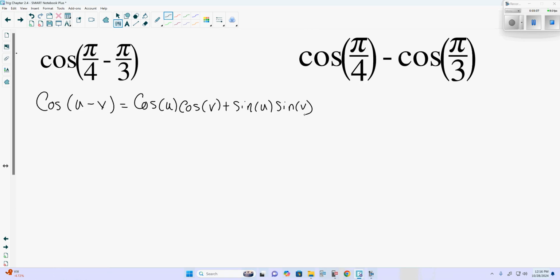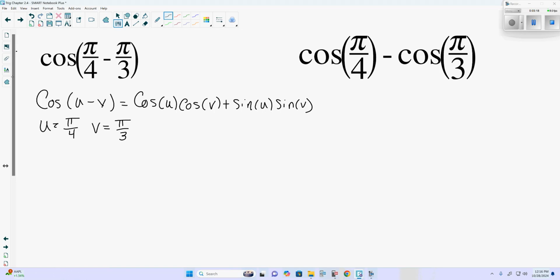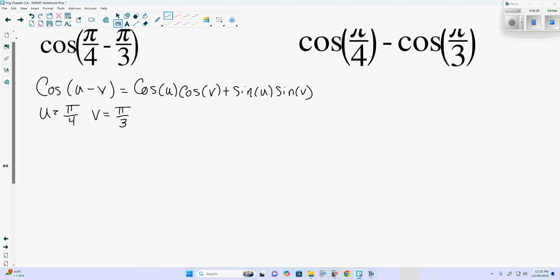That's just the formula. In our case, u is pi over 4 and v is pi over 3. So all we have to do is take this formula and replace u and v with their given values.